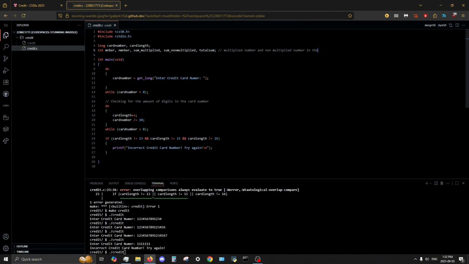So multiplied number, non-multiplied number, corresponding sums of the digits in the CC number.